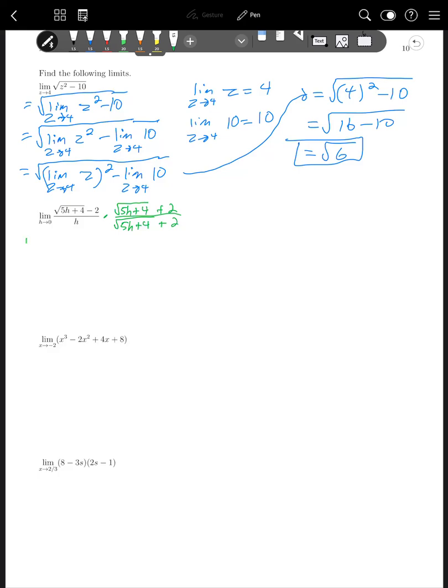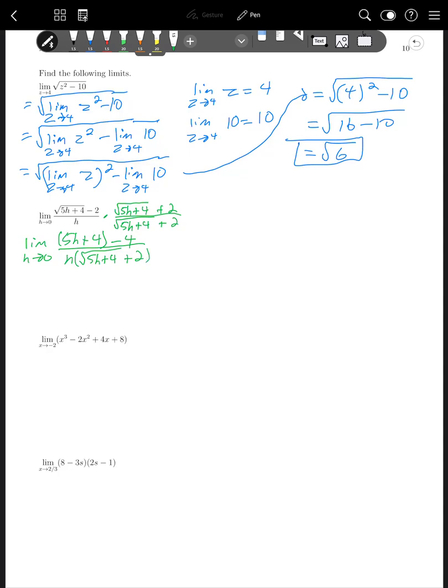Okay, so we multiply that out, and so that's the limit as h approaches 0 of... Remember, the middle two terms are going to cancel each other. But I've got the square root of 5h plus 4 times the square root of 5h plus 4, so that's 5h plus 4. And then I'm going to have a negative 2 square root and a positive 2 square root, so those will cancel. And then negative 2 times positive 2 is negative 4, over h times the square root of 5h plus 4 plus 2.